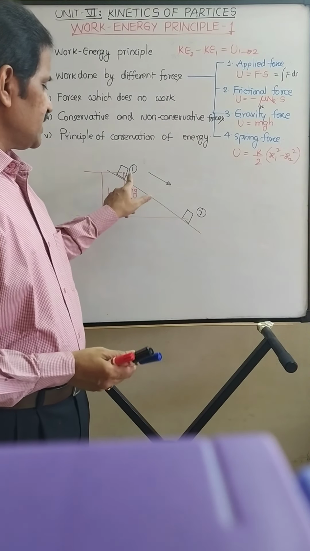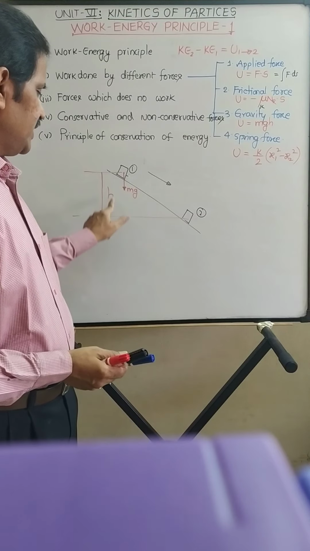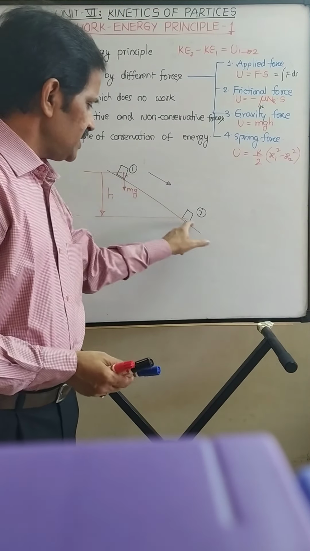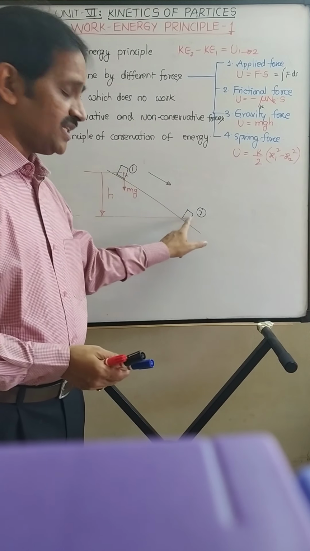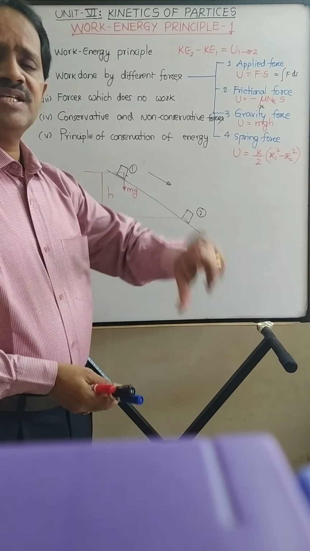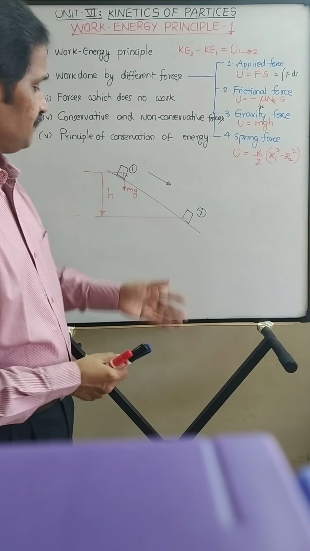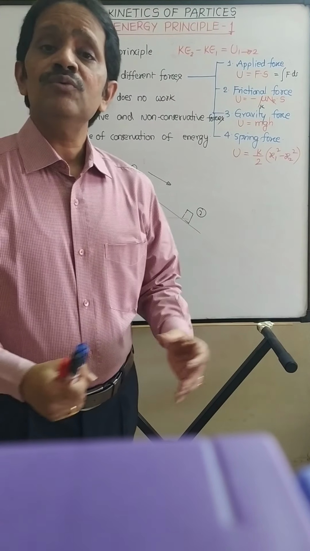Then work done by the gravity force is mg into h, where h is the vertical displacement. So it is independent of the path followed by the body, right? It is simply the vertical displacement between the initial and final position. So it is a conservative force.